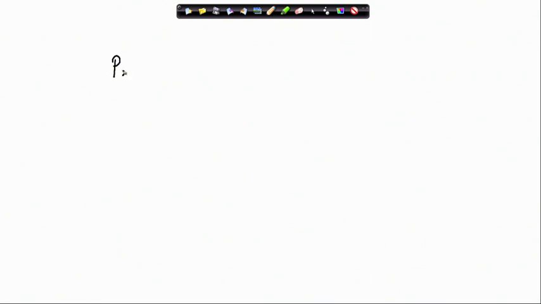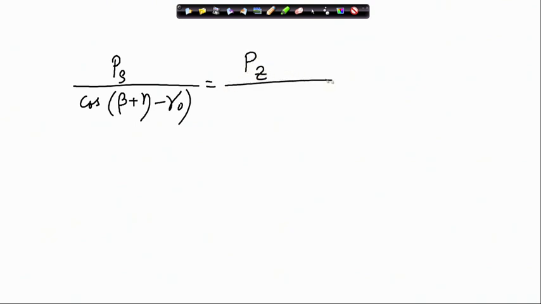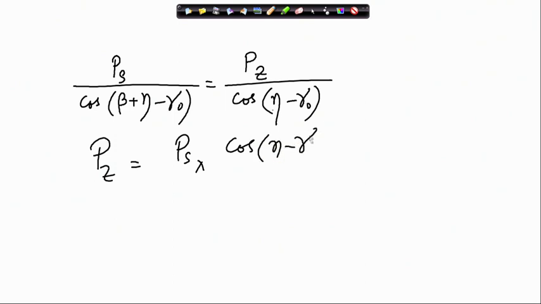Ps by cos(beta plus eta minus gamma 0) is equal to Pz divided by cos(eta minus gamma 0). From here we get an expression of Pz equal to Ps into cos(eta minus gamma 0) divided by cos(beta plus eta minus gamma 0).